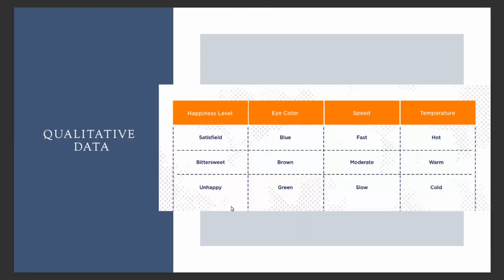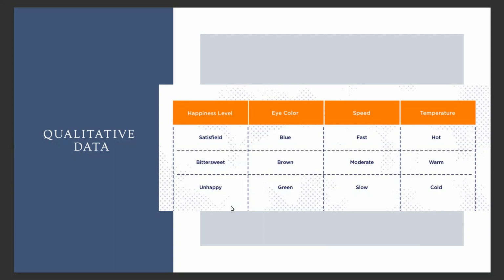Sometimes qualitative data can be a little objective, like measuring happiness level, like satisfied, bittersweet, unhappy, eye color, speed. You can use these to build some level of statistics, or use a mixed method of study.